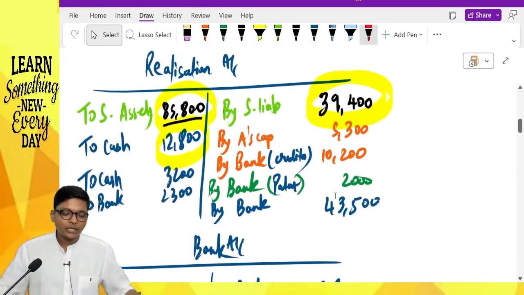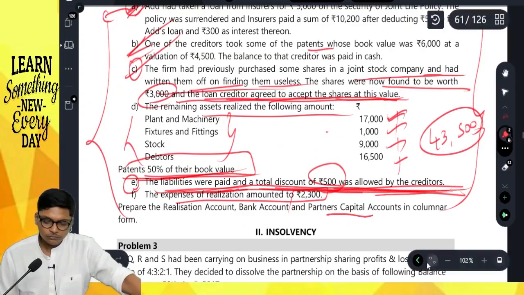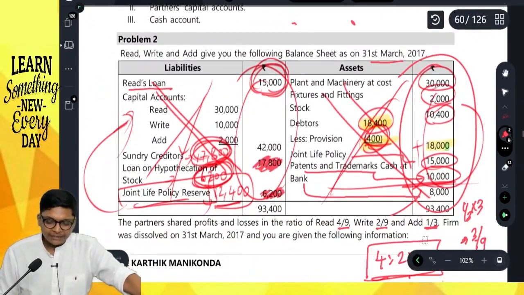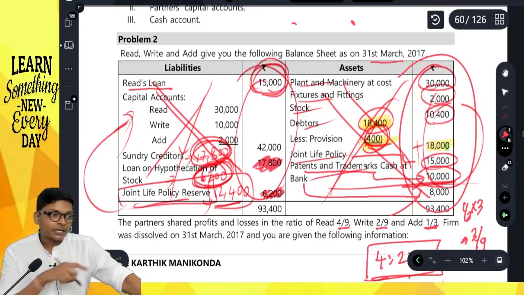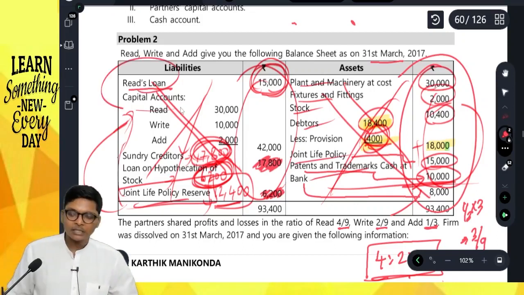Guys, entry posting. What is left now? Loan. If you come back to your balance sheet, plant and machinery, furniture, stock, debtors, we got settlement. Patents 50% we got settlement. Liabilities also everything settled except Reed's loan. We have to pay him or not?